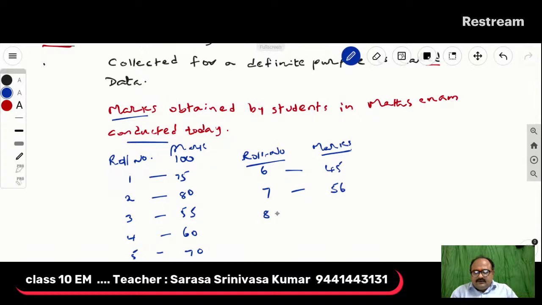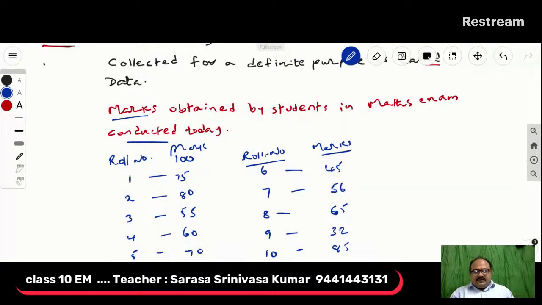Student number eight got 65 marks. Student number nine got 32 marks. Student number ten got 85 marks.